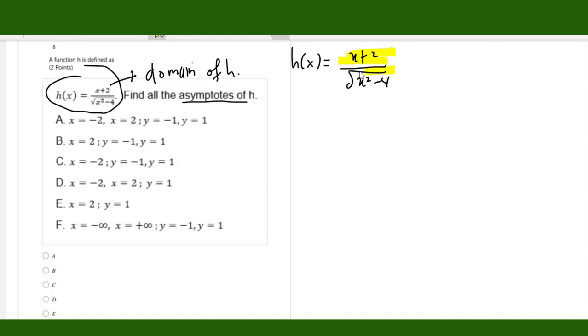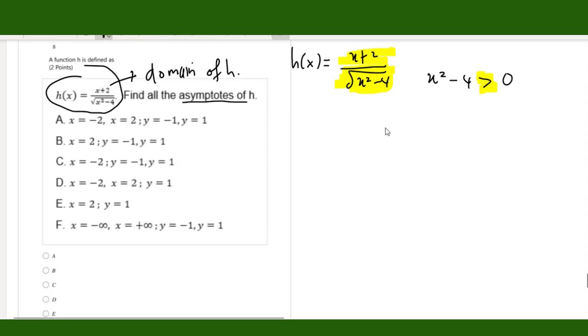So just consider the denominator. It is a ratio, so this one is not equal to 0, and under the square root must be greater than 0. So we get x squared minus 4 more than 0, only more than 0, not including 0. When including 0, x plus 2 over 0 is considered undefined.